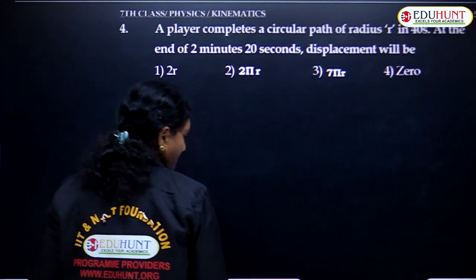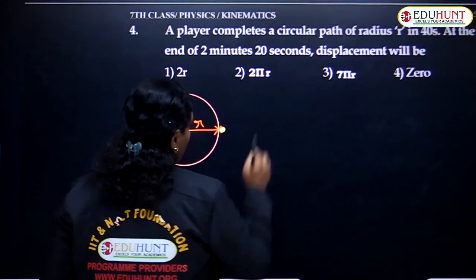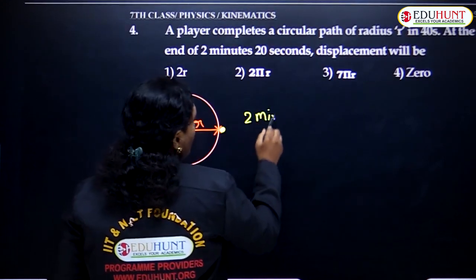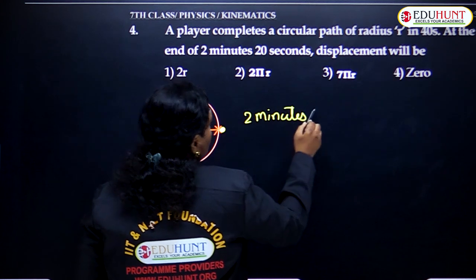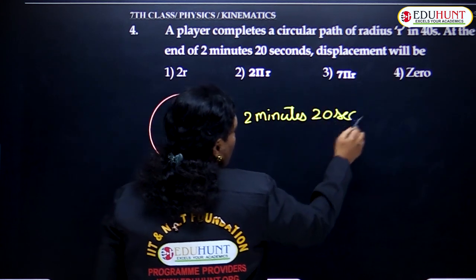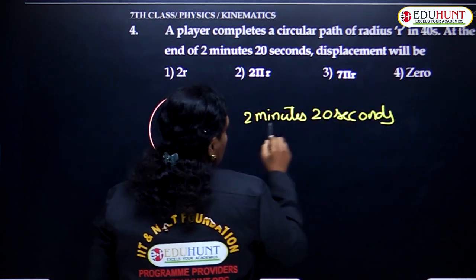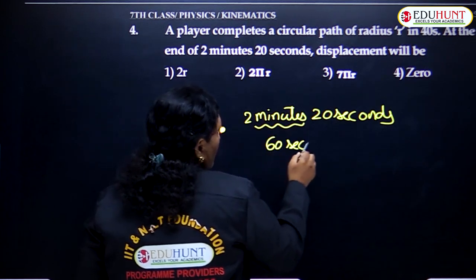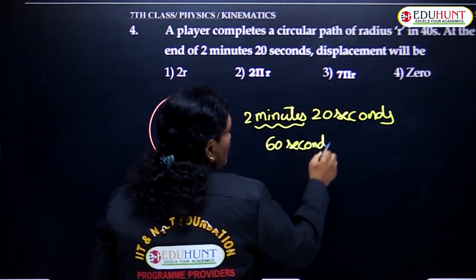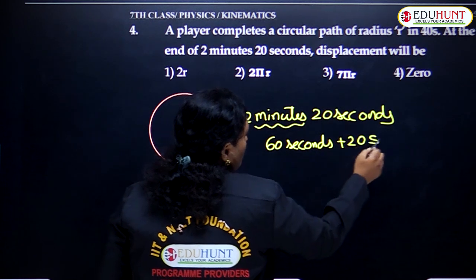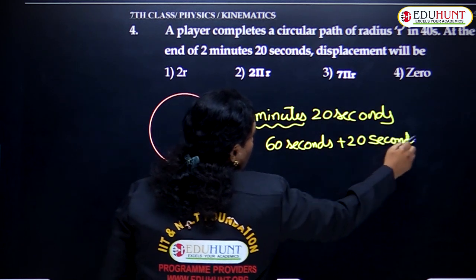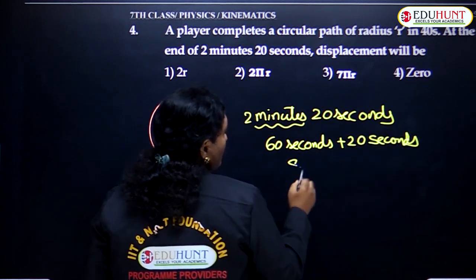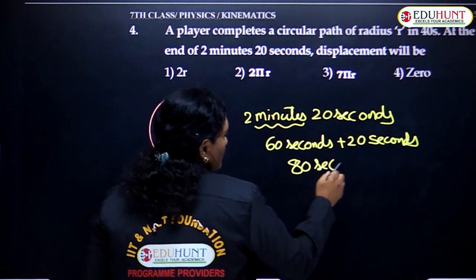First of all, let us try to find out. 2 minutes 20 seconds, let us try to convert. 2 minutes means how many seconds? 60 seconds, and along with that, additionally 20 seconds. So what is the total time, children?